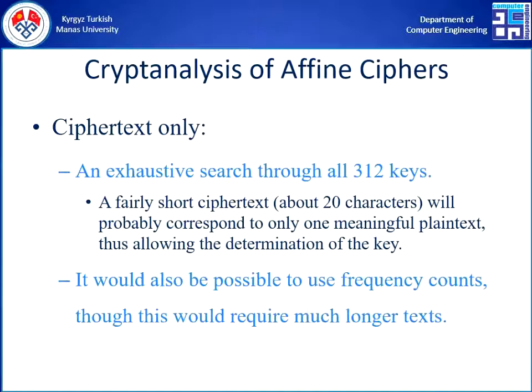Now, let's consider the cryptanalysis of affine ciphers. Affine ciphers, as well as shift ciphers, are very unreliable. First, we will consider the ciphertext only attack. In affine ciphers, the two parts of the key a and b can be selected only from the set of numbers from 0 to 25, since for the English language the number of possible letters is only 26.